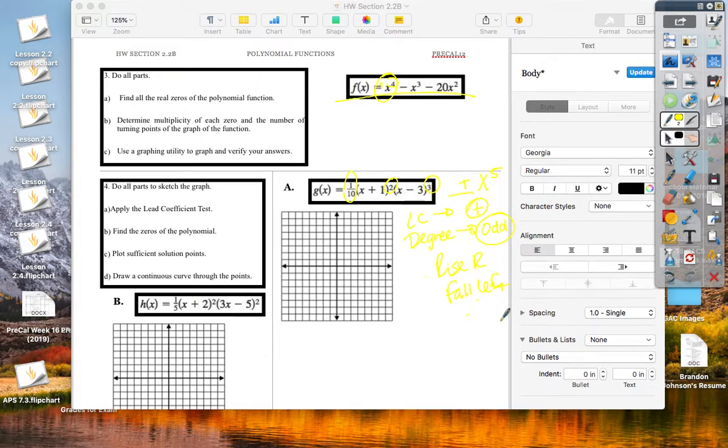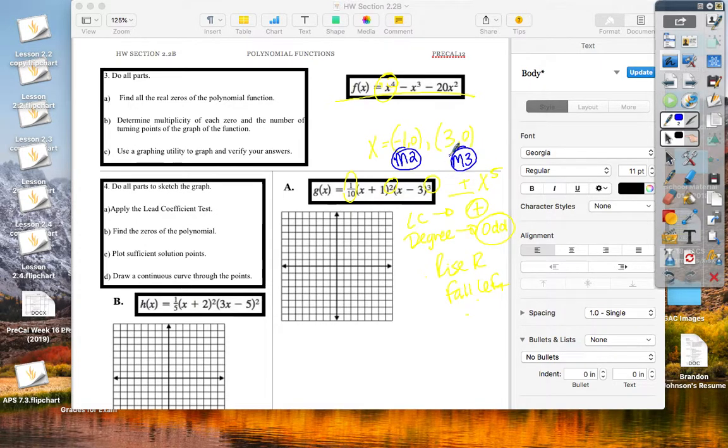Good. Part B, find the zeros of the polynomial. Since it's already factored, we can find the zeros by just setting it equal to 0. What would be the zeros here? -1 and 3. So it'd be (-1, 0) and (3, 0). What's the multiplicity of each? 2 for -1, 3 for 3.